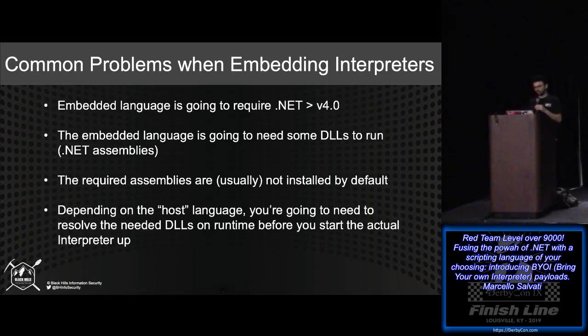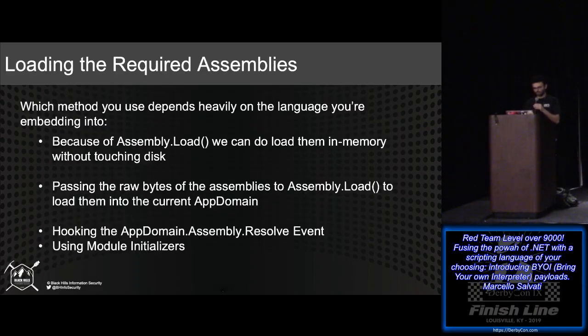I'm not going to go real deep into this because I don't want to bore you with just .NET development. But the main way of doing it, if you're in PowerShell, is just calling Assembly.Load, because PowerShell can interact with the .NET framework and do the same thing as C# does, and vice versa. If you're in C#, you're going to want to hook the AppDomain AssemblyResolve event, because this event basically allows C# to know where to go get these assemblies.